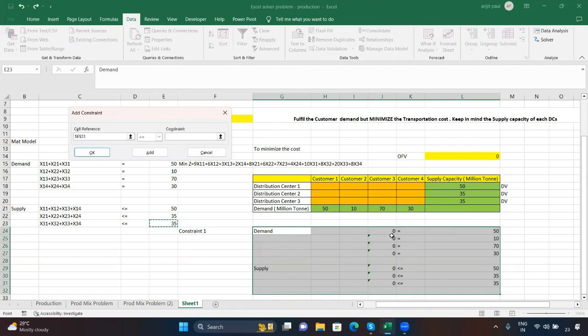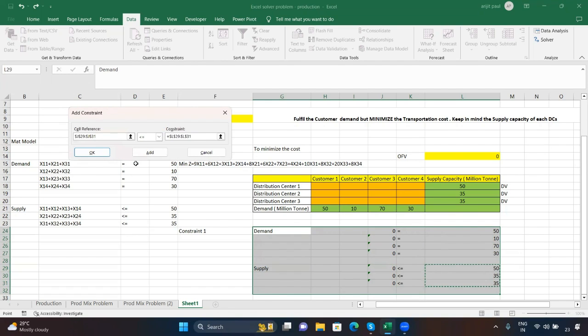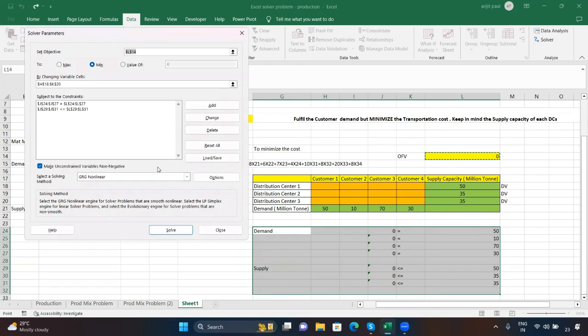First of all, let me add this constraint, and that needs to be equal to these numbers. So these are our demand constraints. Let me add the supply constraints as well. So these are our supply constraints. Less than or equal to, these are the numbers. Click on add.